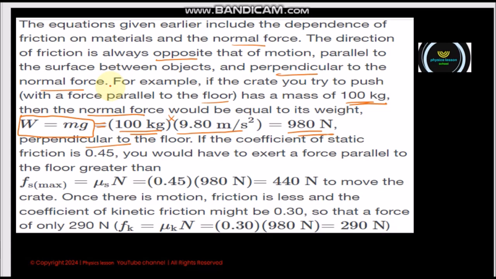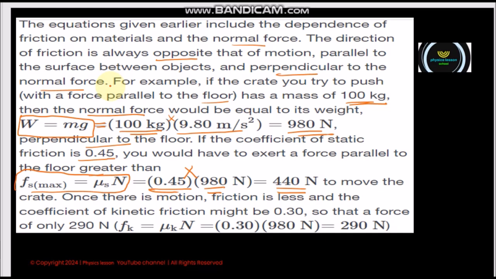If the coefficient of static friction is 0.45, you would have to exert a force parallel to the floor greater than Fs,max equals μs n equals 0.45 times 980 N, equals 440 N to move the crate.